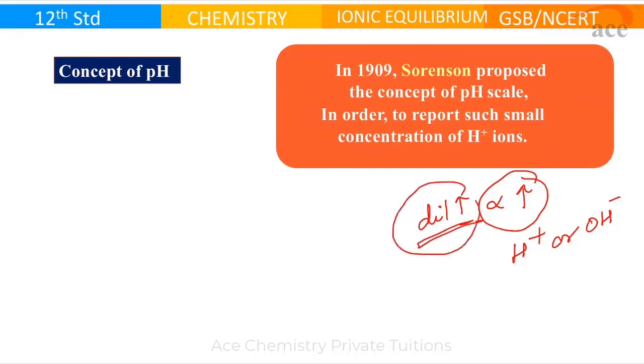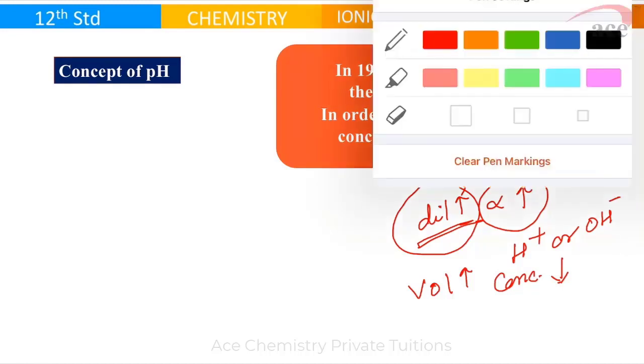If we are adding a lot of water, it means volume increases, concentration decreases. So our solution will always be a dilute solution. So, in dilute solution, to know acidic or basic behavior, the best way is the pH scale.